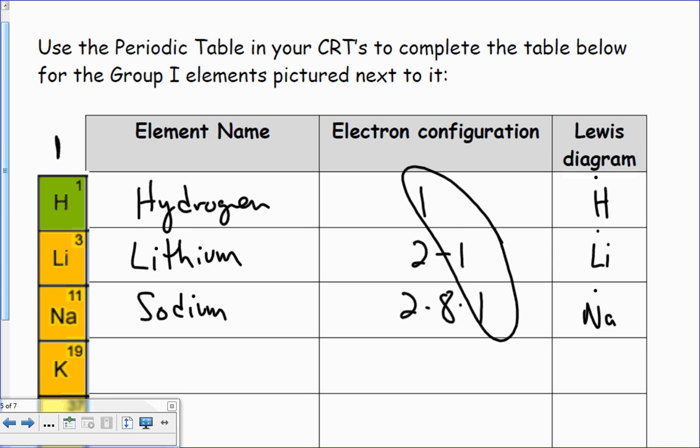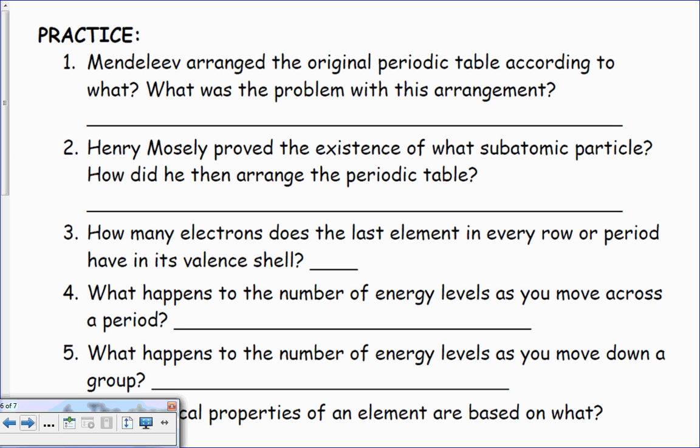This means that these particular atoms are all going to react very similarly because they all have that 1 valence electron. And if you remember way back when we decided which element we were going to be, we found out that these guys all react very, very violently with water. That's one of their main properties. Yeah, that's what we're going to call it, properties.